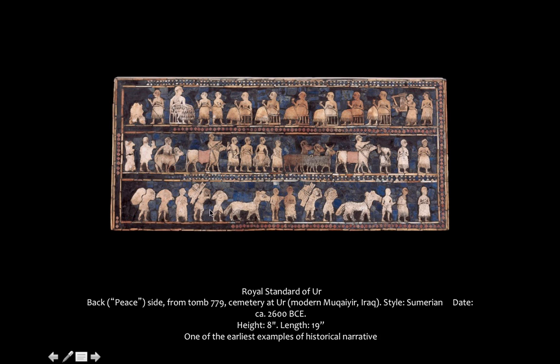You've got men who are carrying grain and wheat on their backs, so they're very prosperous in terms of their crops. All of these are sort of indicators of good times, times of peace. There's wealth, there's abundance, there's fraternizing, there's music, all of these things that are associated with peaceful civilizations.